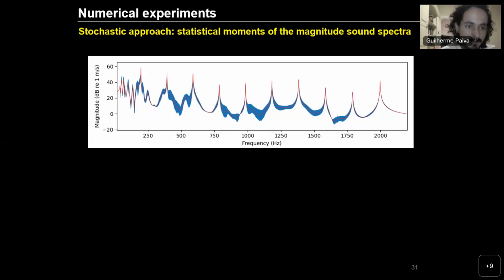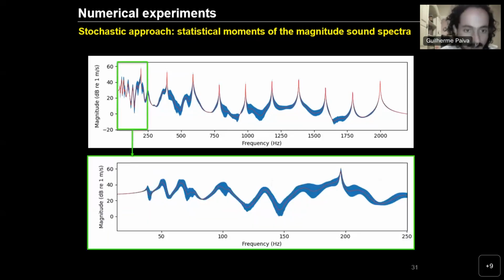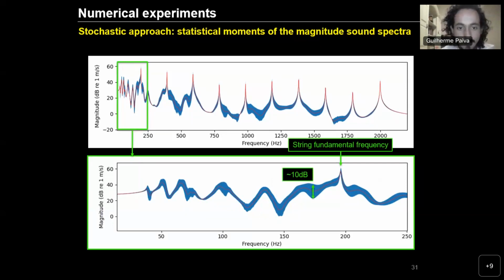And if you zoom in on the low frequency, we can also see a significant spread. For example, in this region the dispersion is about 10 dBs. And this region is very near to the string fundamental frequency, I mean, in frequency value and even in magnitude.